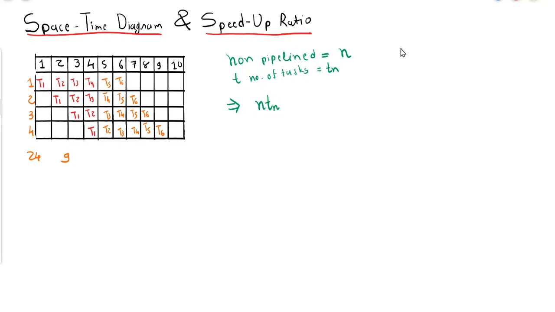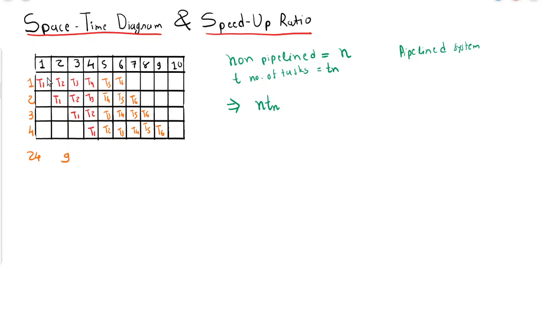Now if we go with the pipeline system, initially, until the pipeline is filled, it will be partially empty.